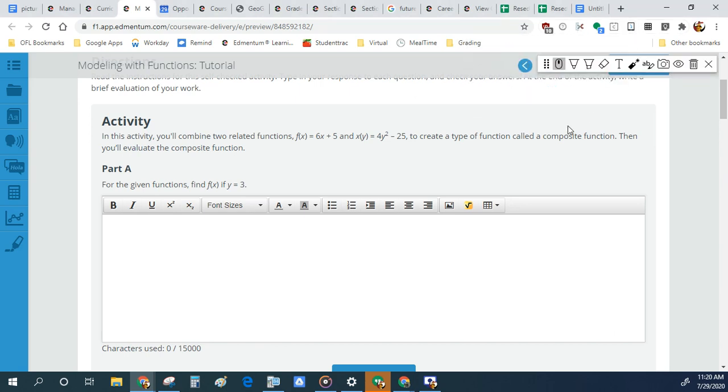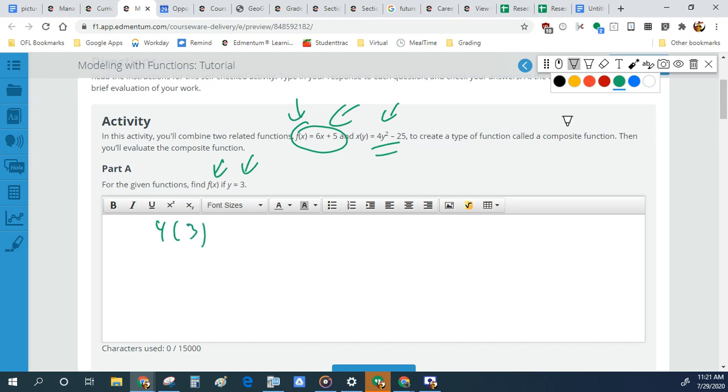There we go. Okay, so for this one, they're giving us this function here, and they're saying find f of x if y is equal to 3. So in other words, we're going to have to solve for x by plugging y in, right? So we're going to do 4 times y squared minus 25, where y is 3.